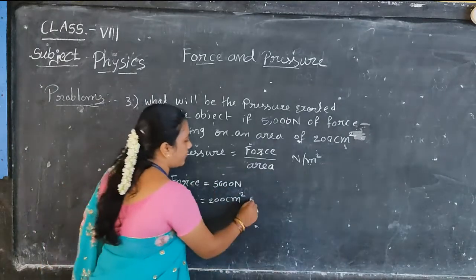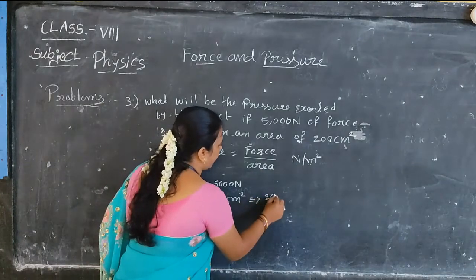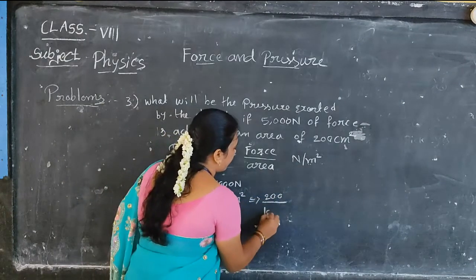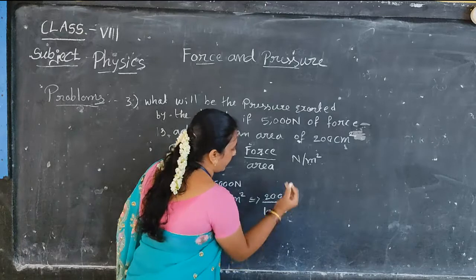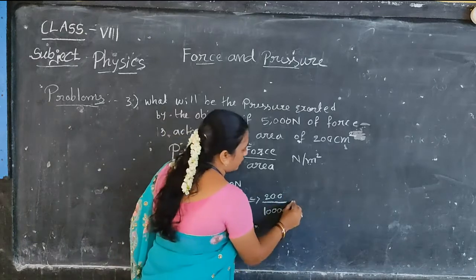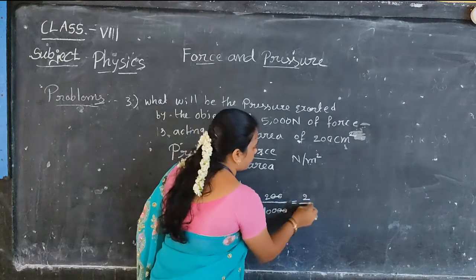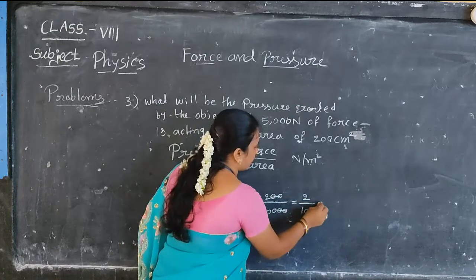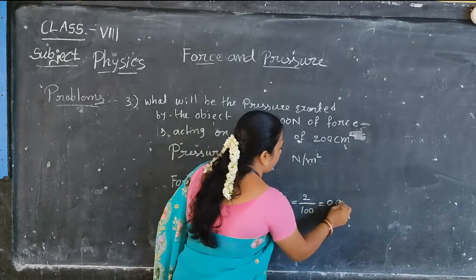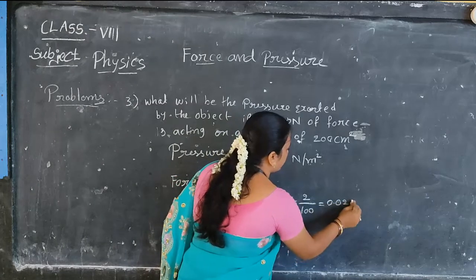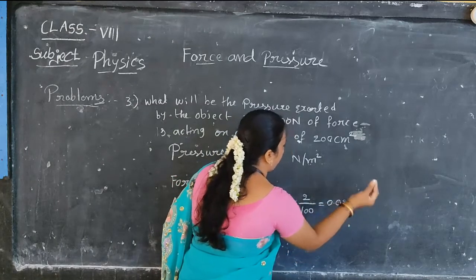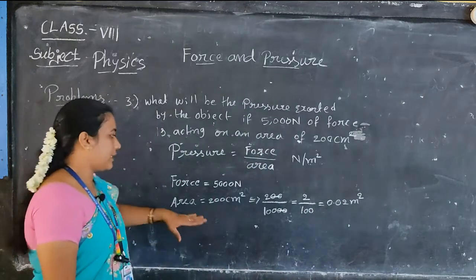For this, what you have to do? 200 by 100 into 100, which is 10,000. Here two zeros and two zeros get cancelled. So 2 by 100 will come, and we get the value of 0.02 meter square. Are you getting this?